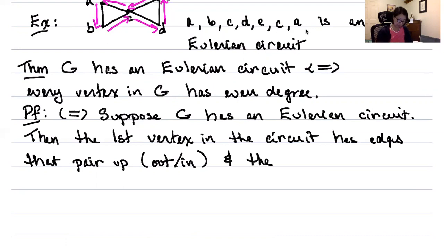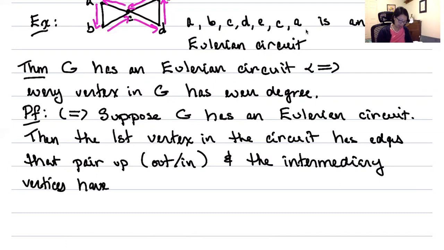And the intermediary vertices have edges that must pair up.